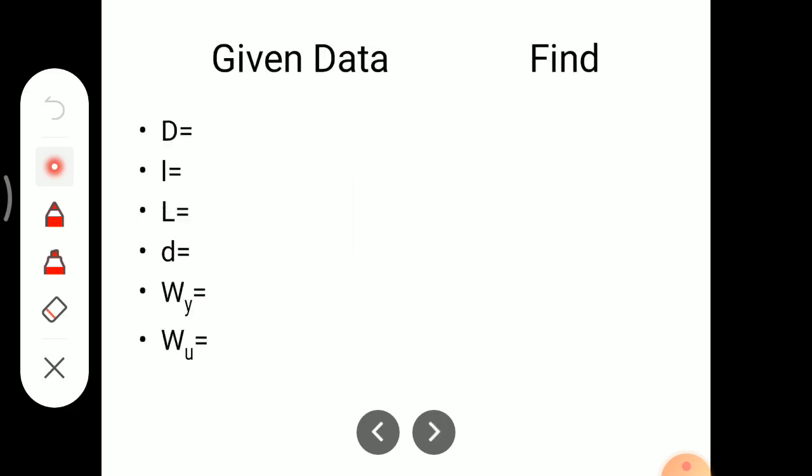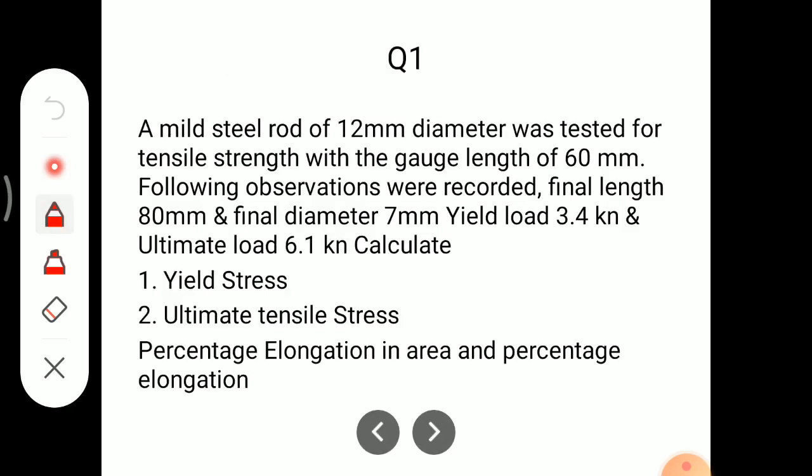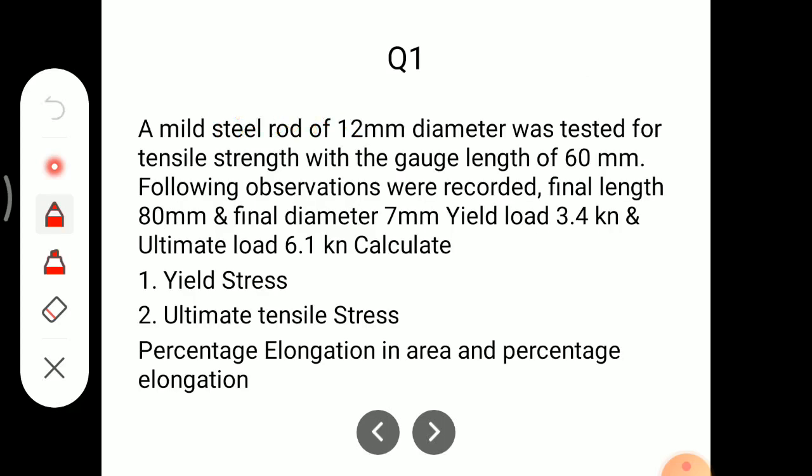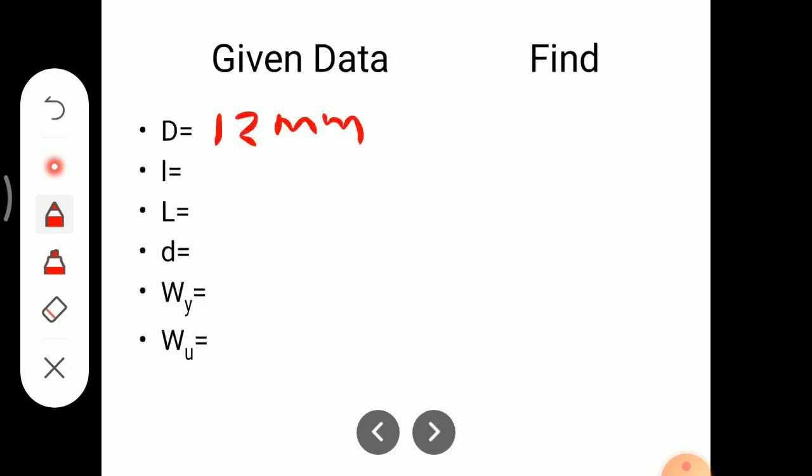First of all, we have to write the given data. Here we have a mild steel rod of 12 mm diameter, so diameter D is equal to 12 mm. The second parameter in the problem is gauge length, which is 60 mm.